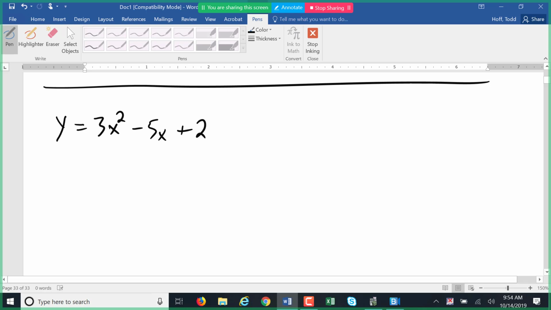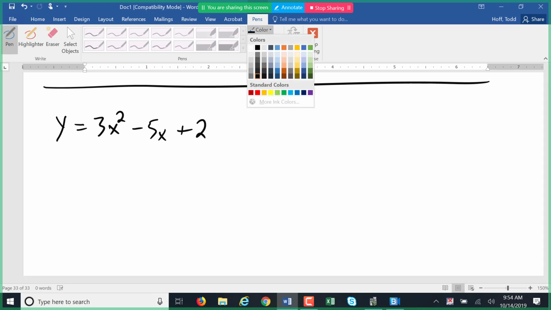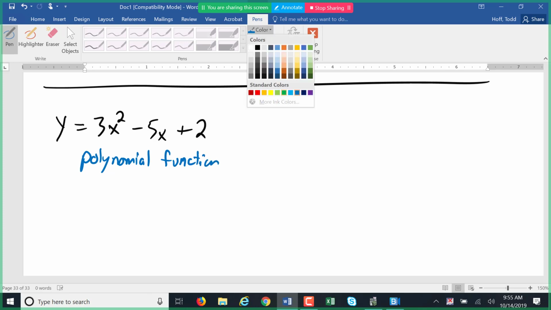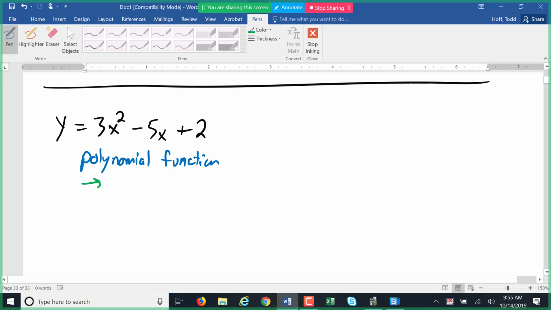The x squared is an exponent, but this is not an exponential equation. This is a polynomial. In a polynomial function, the variables are part of the term, but the powers are whole numbers: 0, 1, 2, 3, 4.